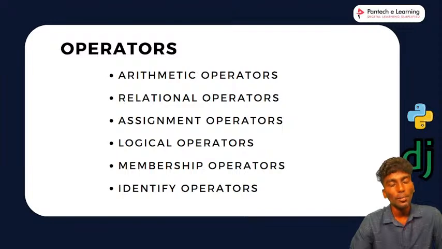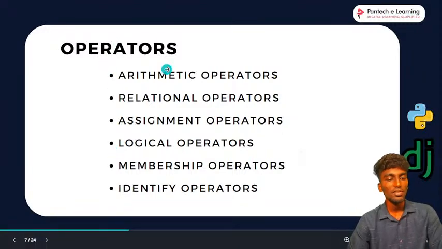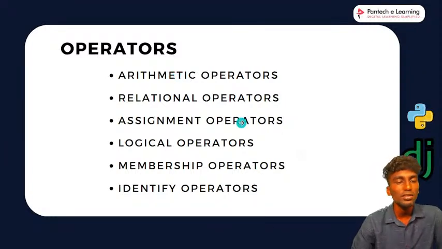What is an operator? An operator is a special symbol that can perform some operation. There are six types of operators: arithmetic, relational, assignment, logical, membership, and identity.